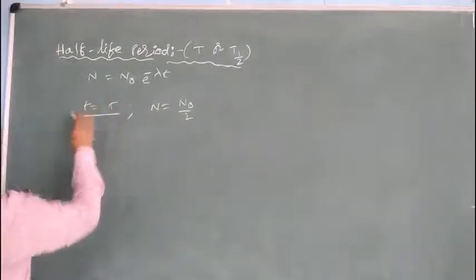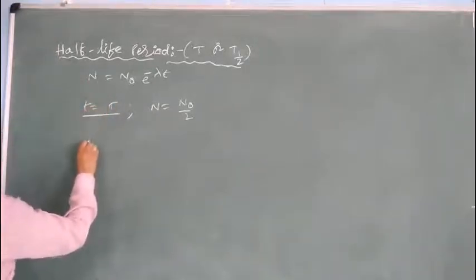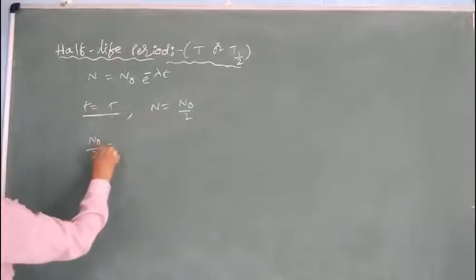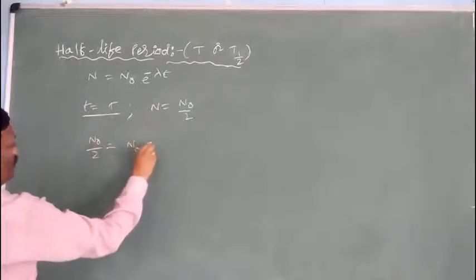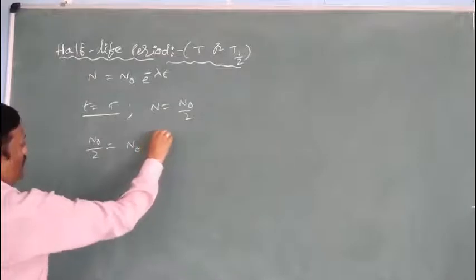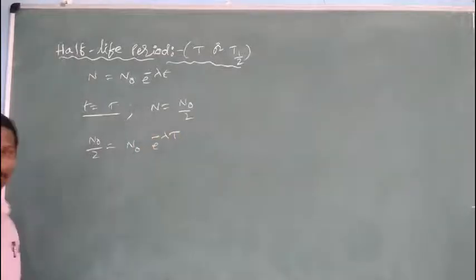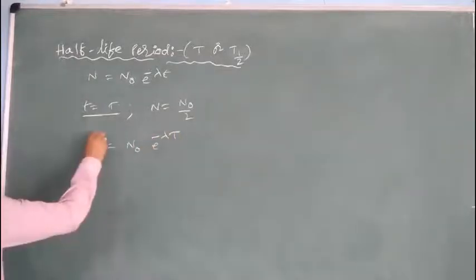Apply these two values here. N, that is N0 by 2, is equal to N0 into e power minus lambda into capital T. On both sides, N0 is cancelled.